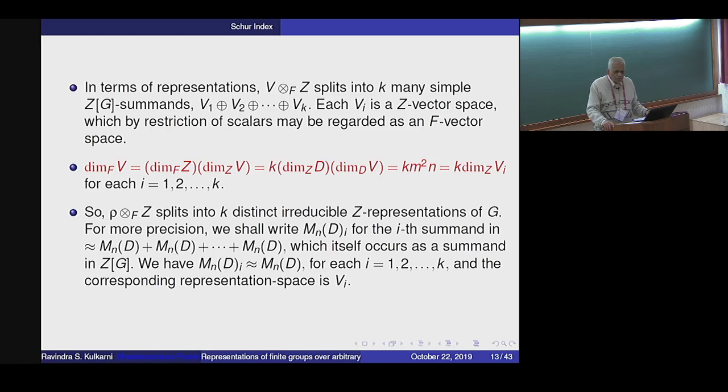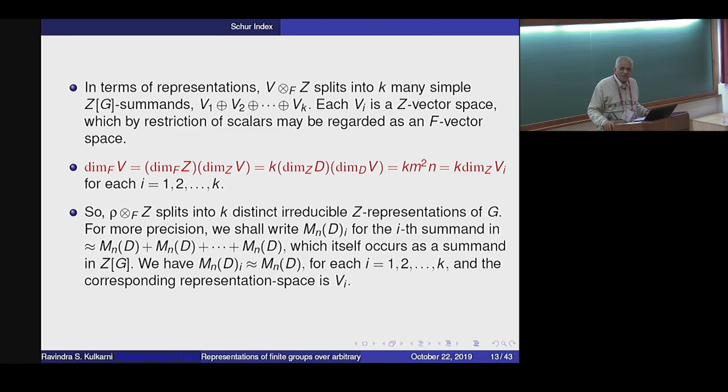In terms of representations, V tensor Z splits into K many simple ZG summands, say V1 plus V2 plus up to Vk. Each Vi is a Z vector space, which by restriction of scalars may be regarded as an F vector space. Then this is the main number theoretic calculation.